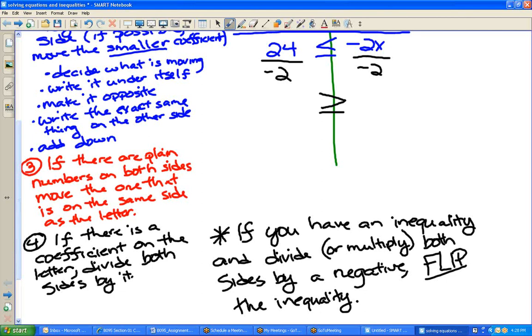Just like that. So that's the first thing with my note. Since I'm dividing by a negative here, because of that.